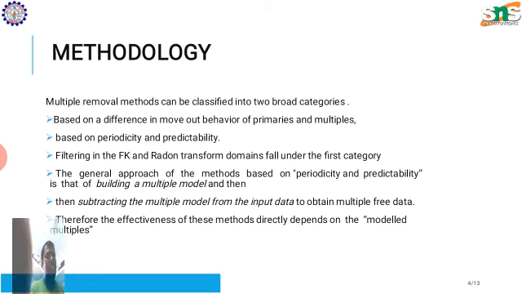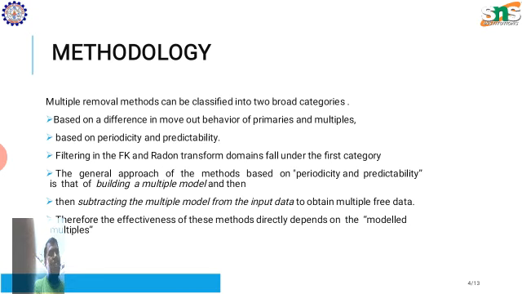Next one, methodology. Multiple removal methods can be classified into two broad categories based on a difference in moveout behavior of primaries and multiples, and based on periodicity and predictability.